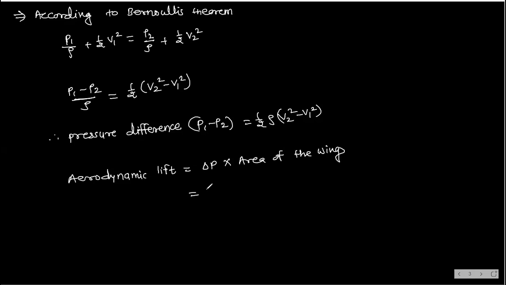Already we have P1 minus P2, so I am going to substitute that. Half rho V2 square minus V1 square into the area of the wing. So you are getting half rho A V2 square minus V1 square. This is the aerodynamic lift. Okay. Next one.